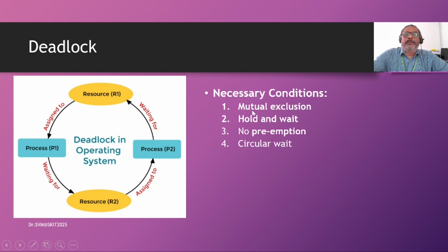Therefore, because of mutual exclusion, P1 has to wait till R2 is released, and that has to be done by P2. Now, unfortunately, P2 wants R1. P2 requests R1, but R1 is not free because it is already assigned to P1, and again, because of mutual exclusion, it can be assigned to only one process.